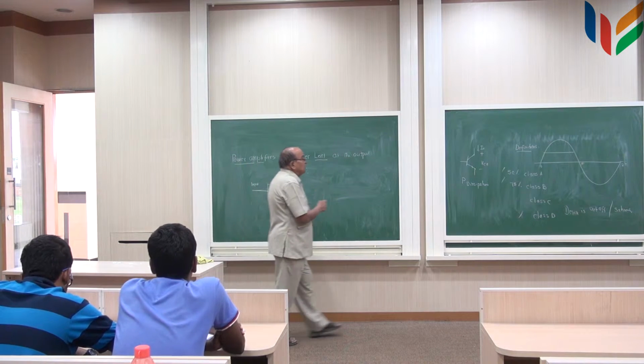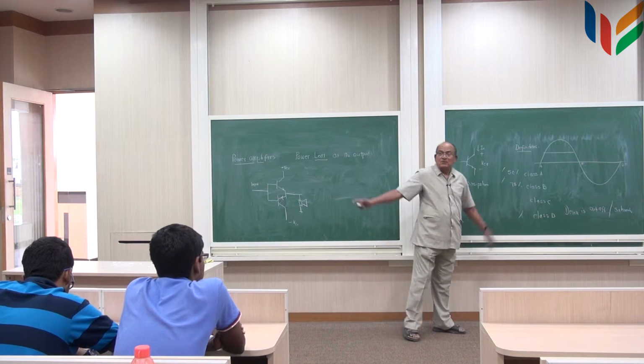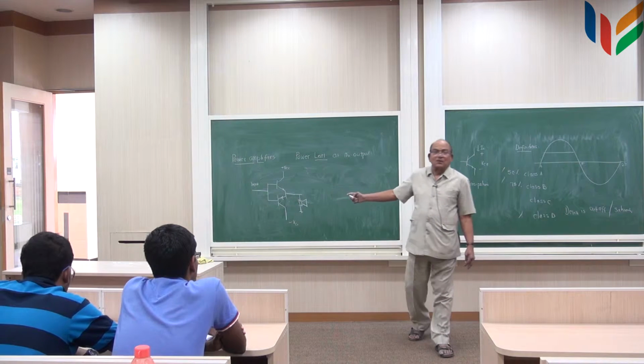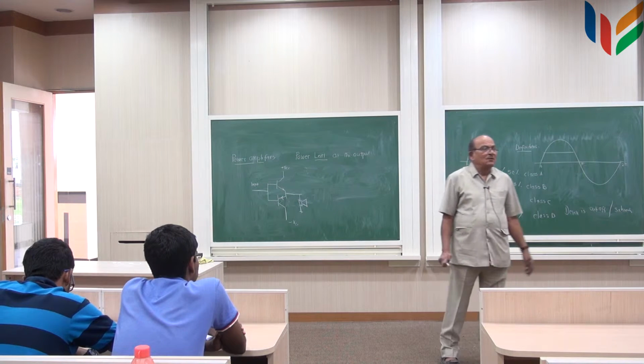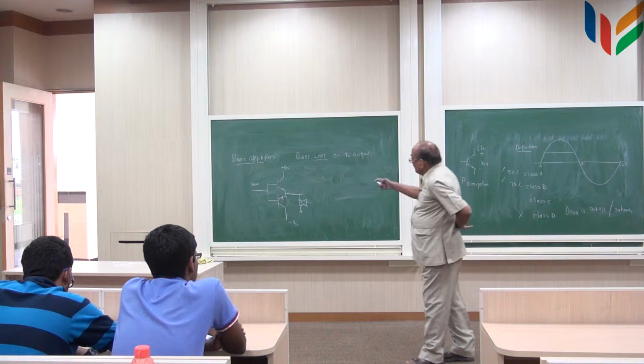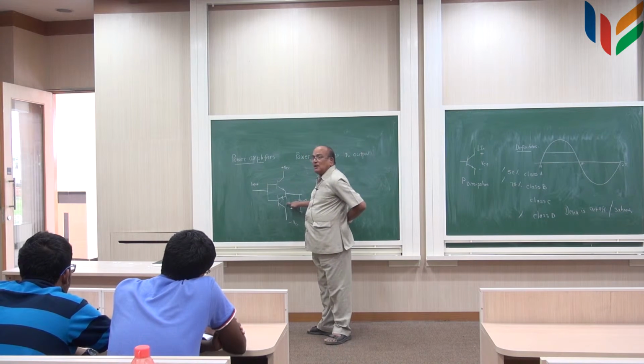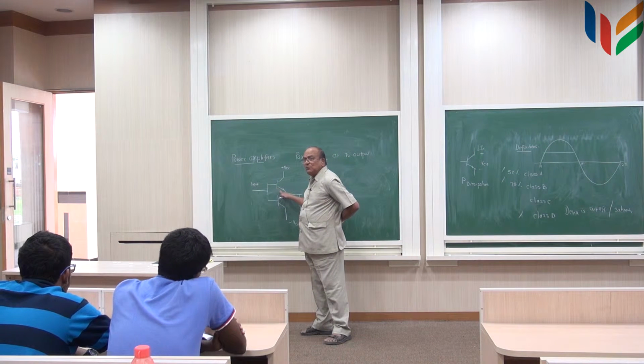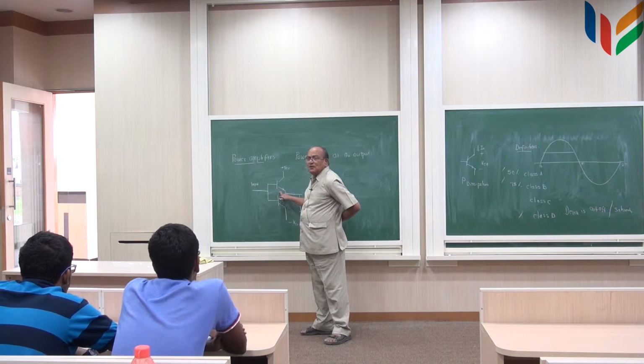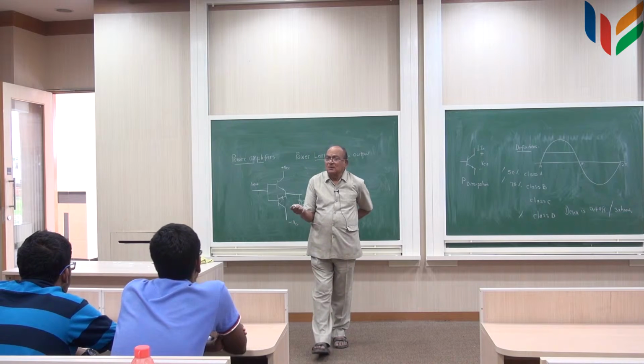This is the class B configuration, because the device now is only conducting for half cycle. But unfortunately, if you closely observe, this fellow and this fellow start conducting only when VBE goes beyond some minimum value, and that is typically like 0.7 volts or something.